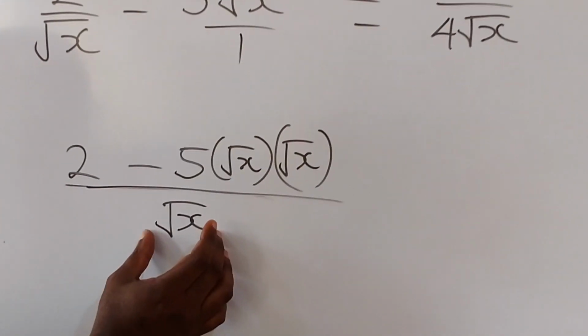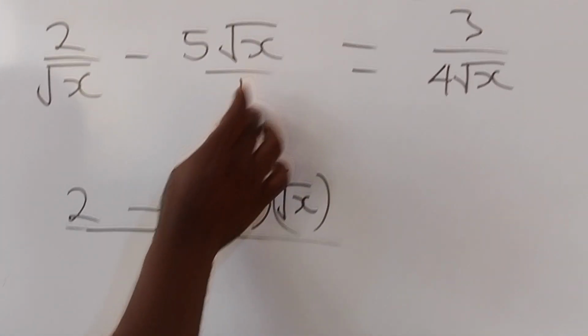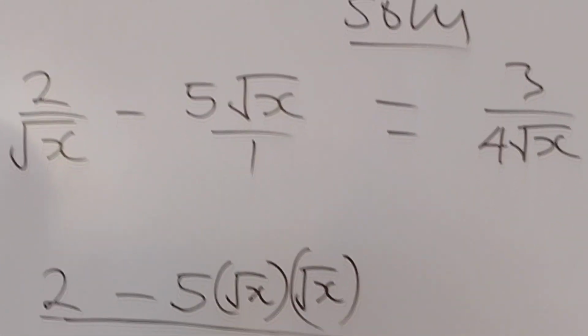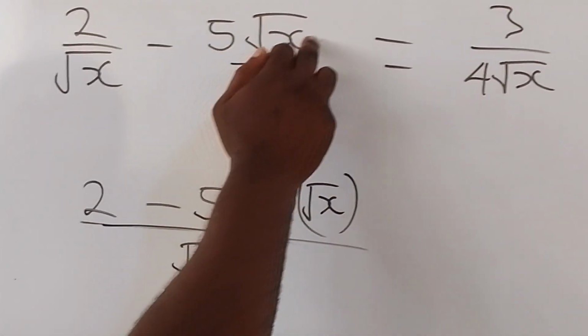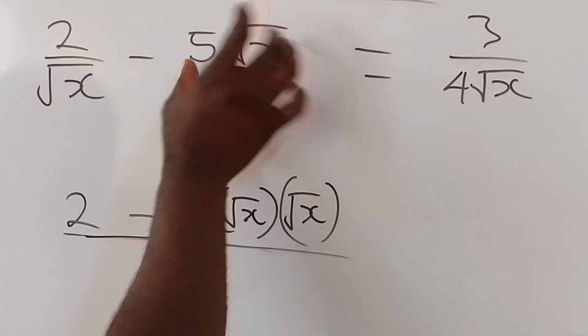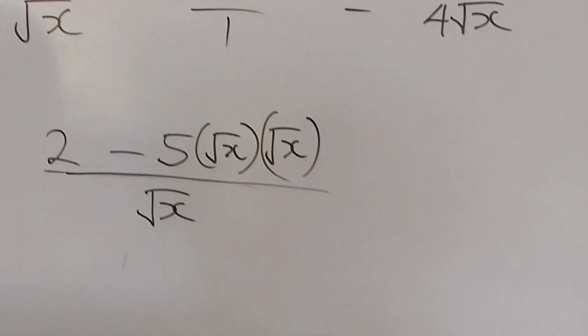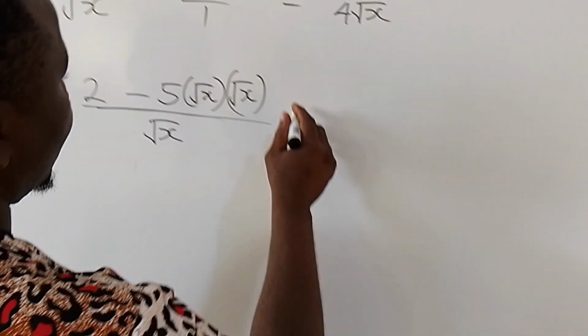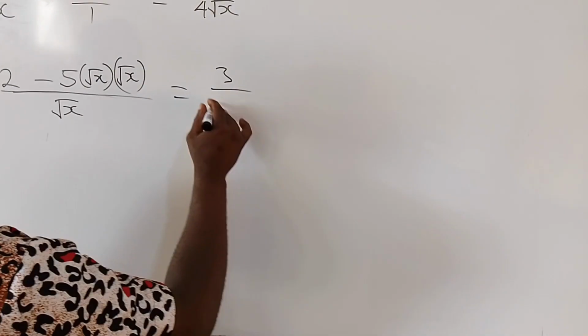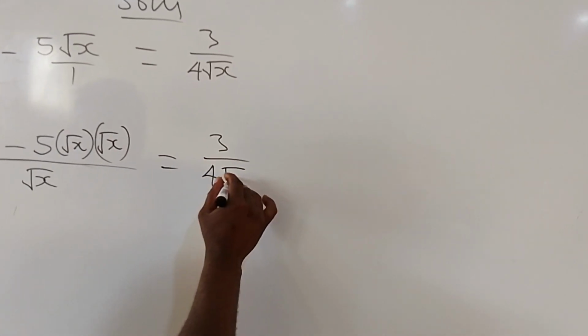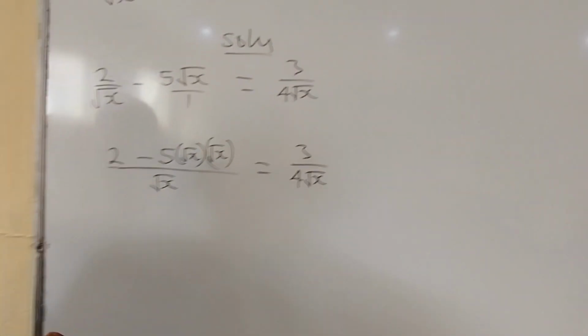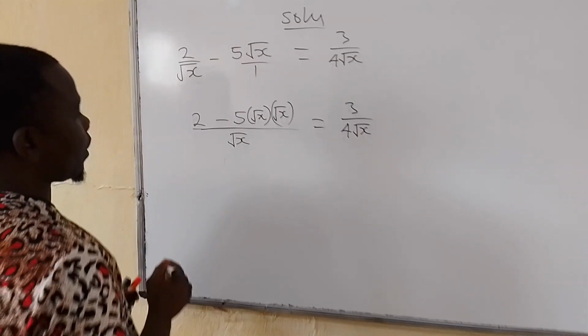It's because this is the LCM. You use it to divide 1, it will give you square root of x. Then note that we have here minus 5 square root of x, so use it to multiply this. That is what we are doing. Then equals 3 over 4 square root of x. Simple as ABC.